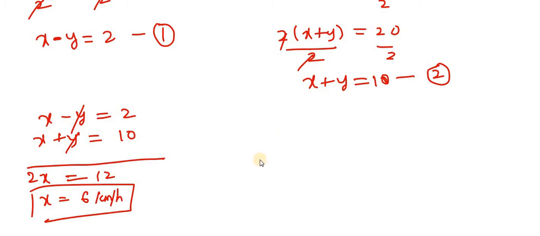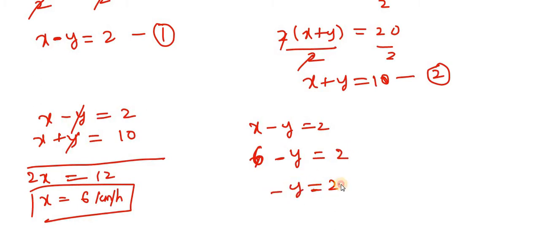Now substitute x is equal to 6 in equation 1. So we get x minus y is equal to 2. Then x is 6, minus y, which is equal to 2. So minus y is equal to 2 minus 6, which is minus 4.